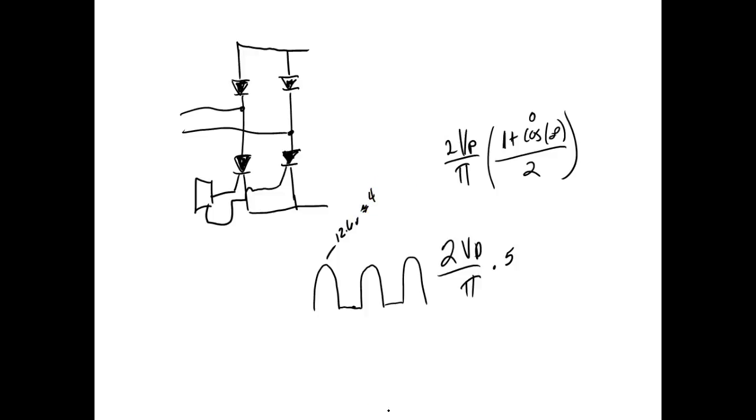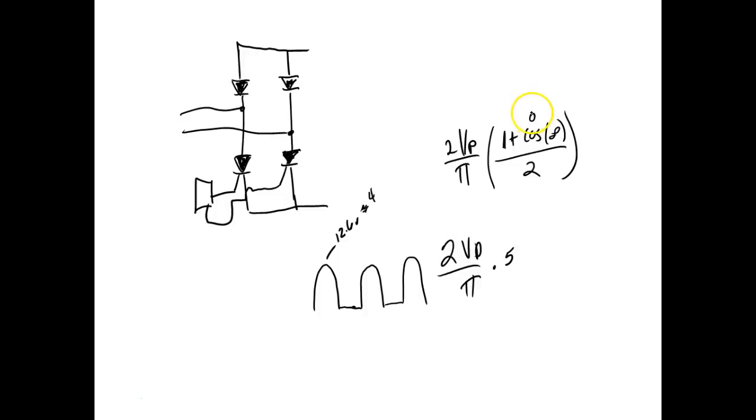If I took 12.6 and divide that by pi, 3.14, and then multiply that by 0.5. Huh? That looks like it might be right.